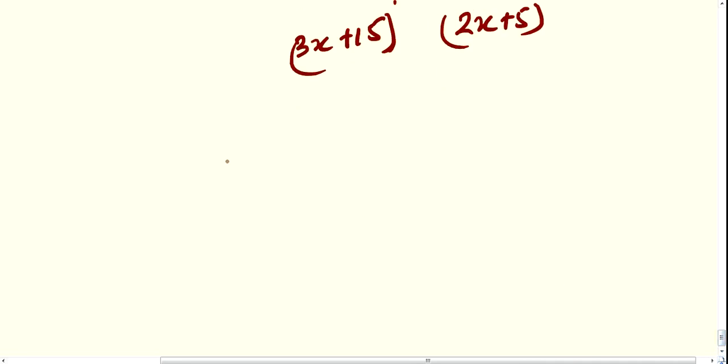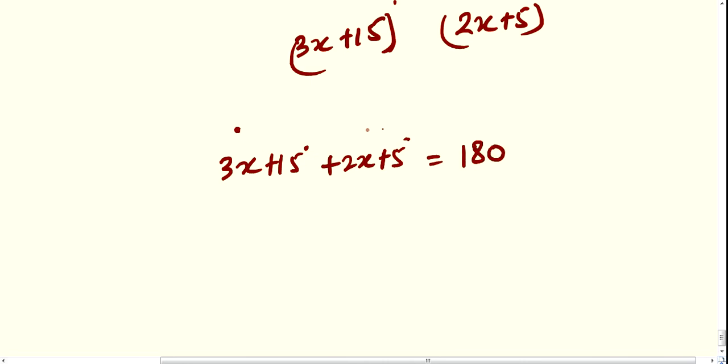So 3x plus 15 degrees plus 2x plus 5 degrees equals 180 degrees. So 3x plus 2x will be 5x, and 15 plus 5 is 20, equals 180. Transpose this 20 to the right hand side.